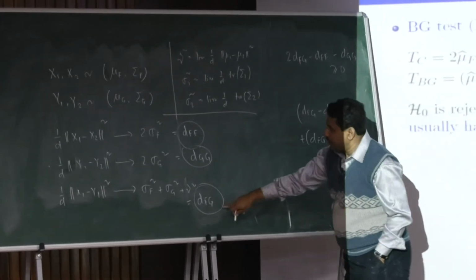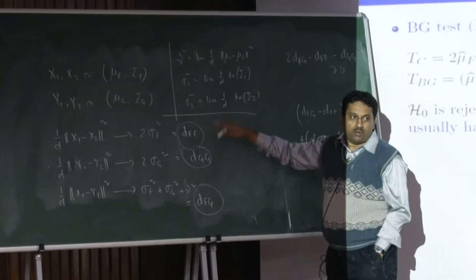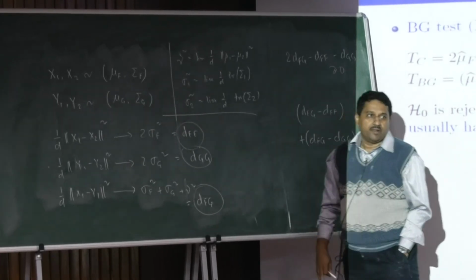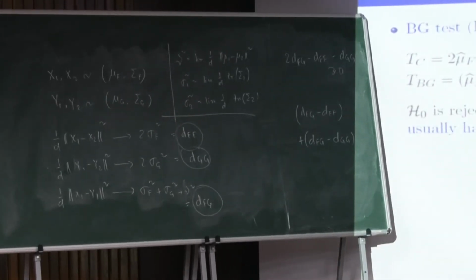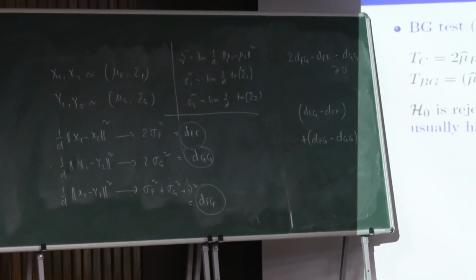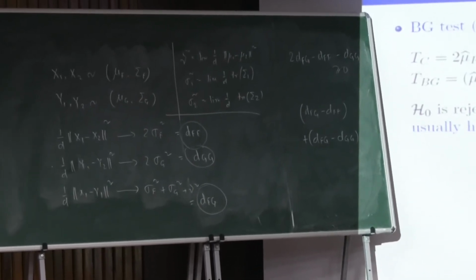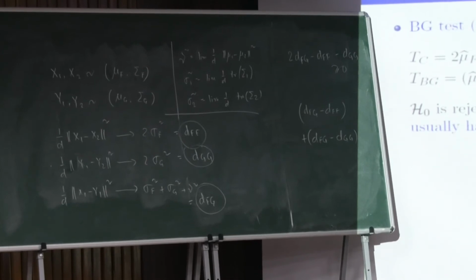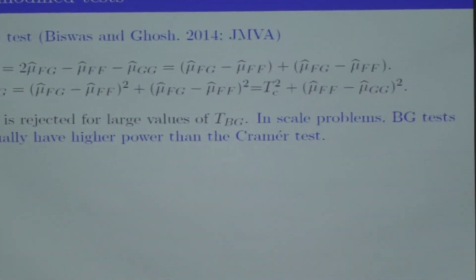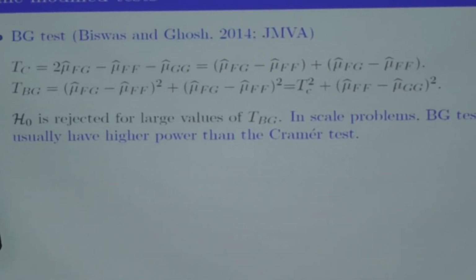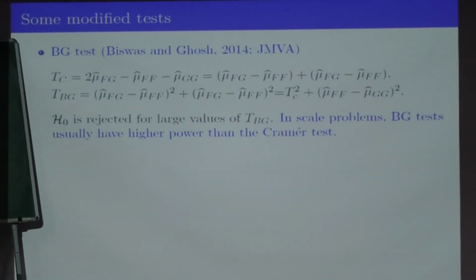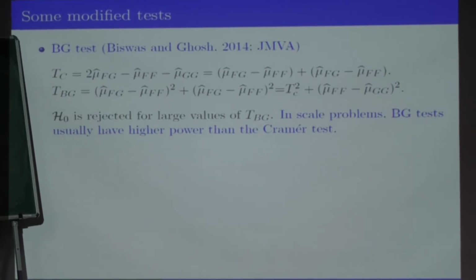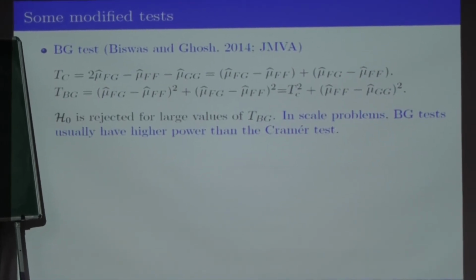So this one cannot be smaller than both of them, but it can be smaller than one of them or bigger than both of them. If it is bigger than both of them, we do not have any problem with this test. But if DFG, the limiting value of the distance between x and y observations, is smaller than one of the xx or yy distances, then we have some problem.